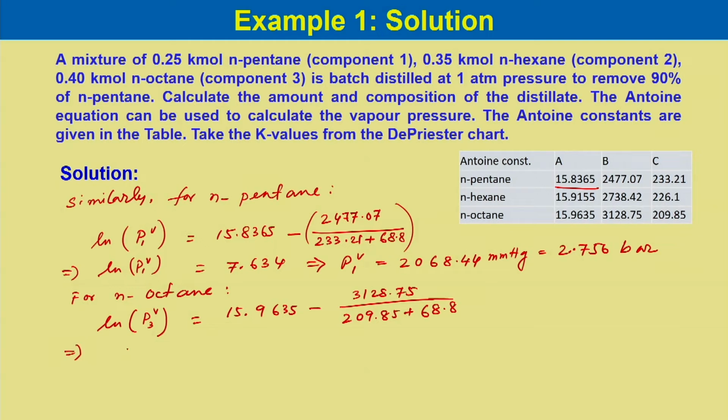So, from here we can write P3V is about 113.892 millimeter Hg, which is 0.152 bar.